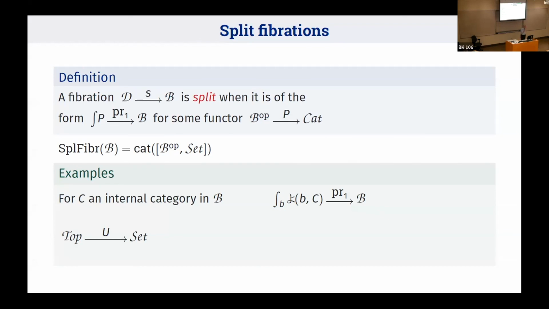If you don't know what an internal category is, don't listen to me for the next 30 seconds. And again, Daniele Stoke suggested it to me when he mentioned how to change topologies on a set: the forgetful functor from the category of topological spaces to the category of sets, which is almost like one of the examples that Brice added. It is not exactly the same one, but this one is also a fibration.